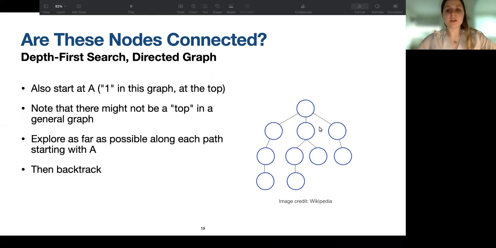So in this case, we'll also start with A, which let's assume is the top node in this graph.